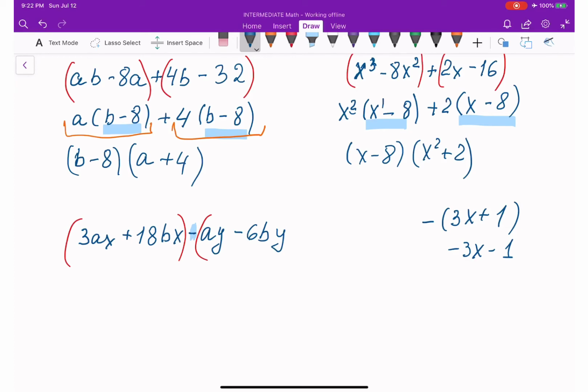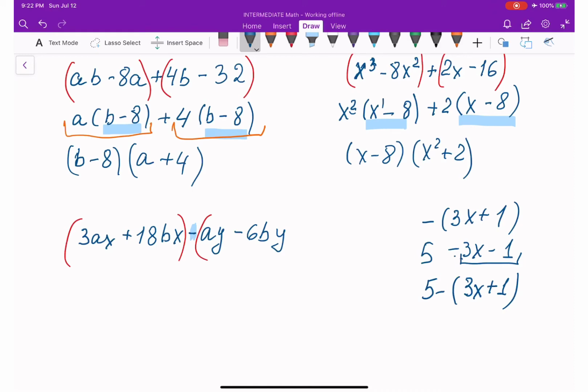Now, let's go backwards. What if I have this, let's say 5 minus 3x minus 1, and I want to put together in parentheses 3x minus 1, these two terms. Because I have a negative, what am I going to do? Flip the sign within parentheses. The 3x was negative, it will become positive. And 1 was negative, it will become positive.